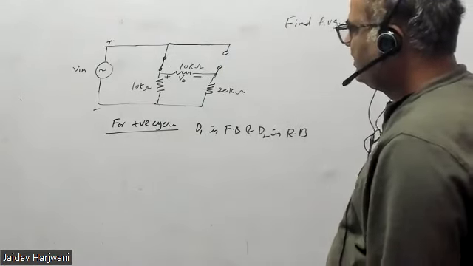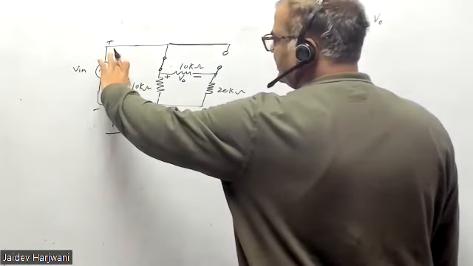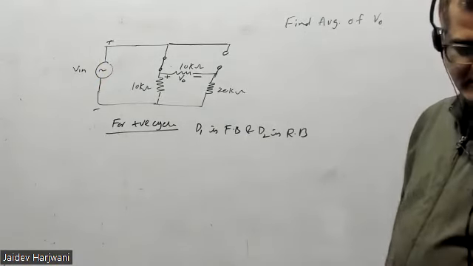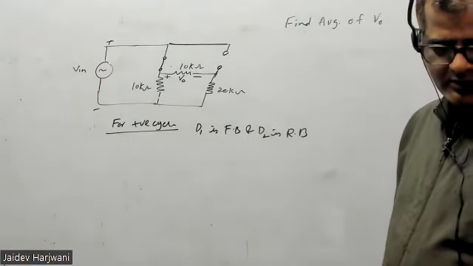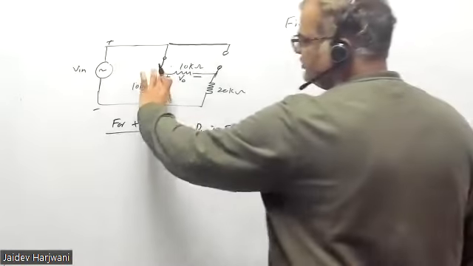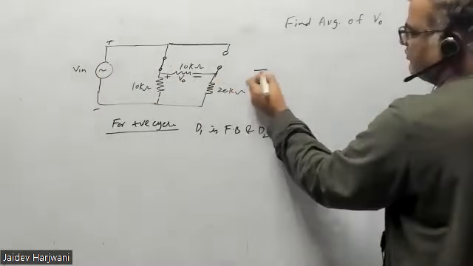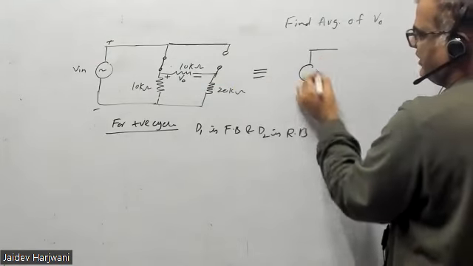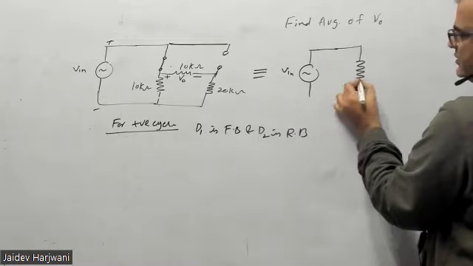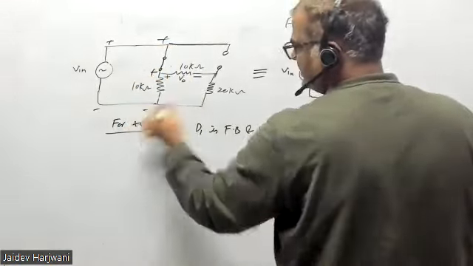Now, whatever V naught you are applying, where is this V naught going? Tell me, across which? Sir, the middle terminals. Whatever V input you are applying here, this is the equivalent circuit of this one. You are applying V input directly here. This is your circuit. This plus is coming here, this minus coming here.